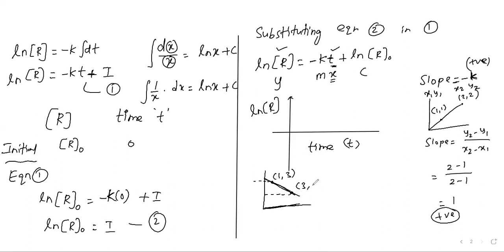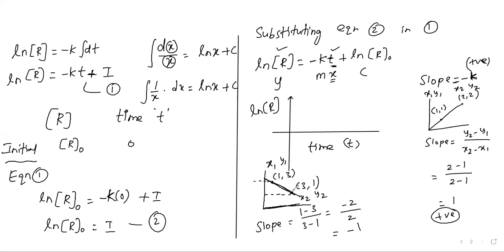So you take this as 1. The same way you find the slope, with x1, y1 and this one x2, y2. However you take, no problem. Again, slope equals y2 minus y1, 1 minus 3, over x2 minus x1, 3 minus 1. Minus 2 divided by plus 2 equals minus 1.